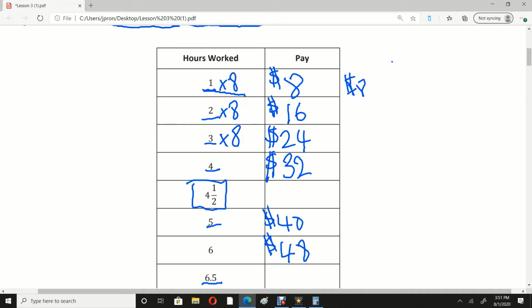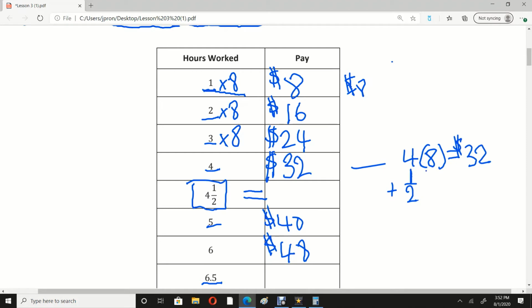So first of all, how did you figure out how much we would get paid at 4.5 hours? How did you come about that? Okay, very interesting, very good. So we know that at 4 hours we would have gotten paid $8 an hour, so we made $32 right here at 4 hours, right? So we need to add an extra half hour of work.